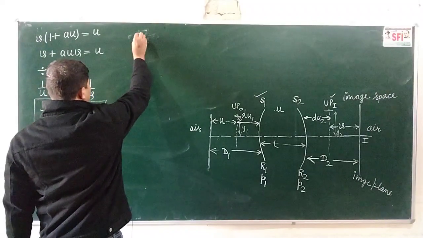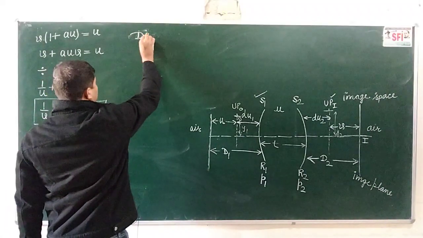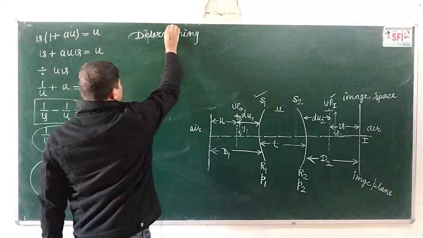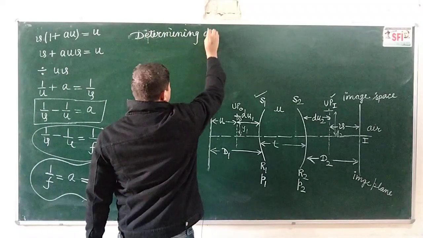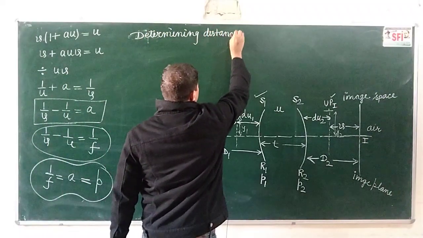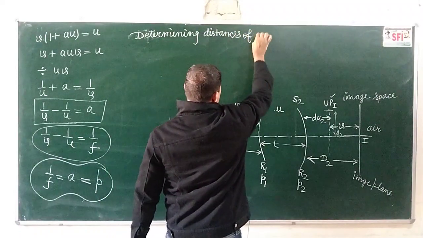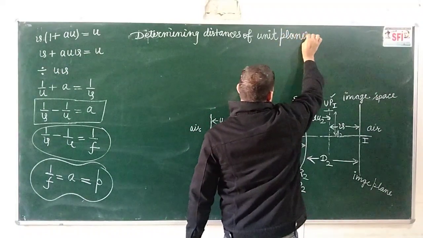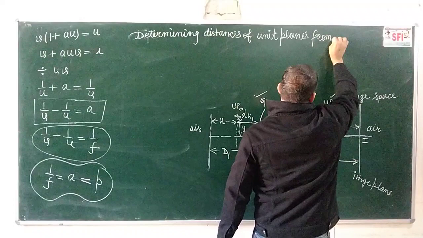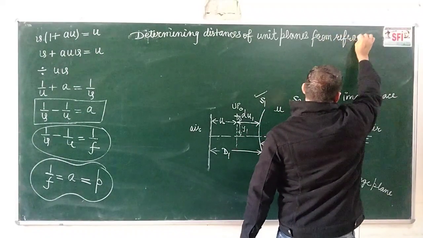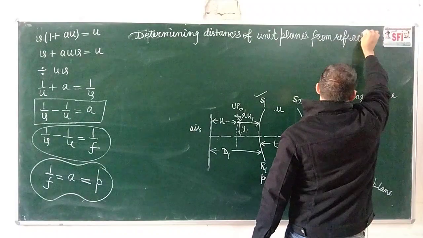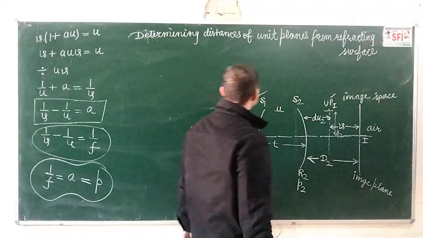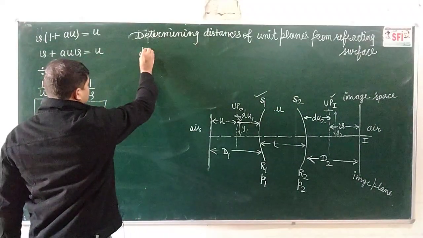What we are doing is determining the distances of unit planes from refracting surfaces S1 and S2.